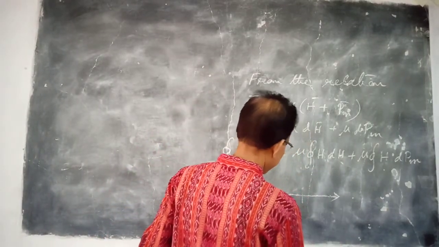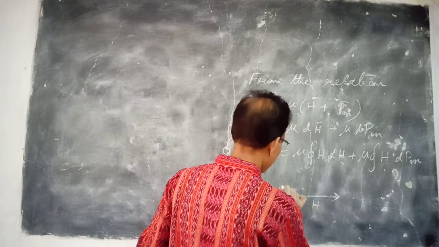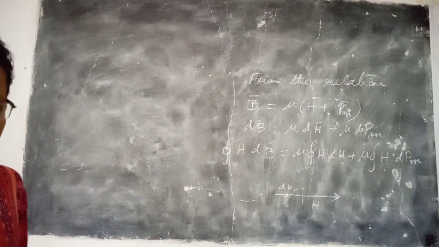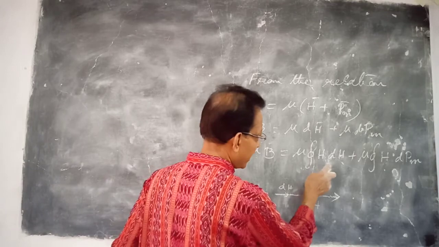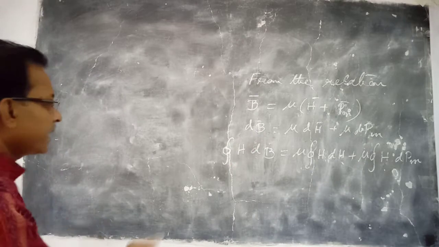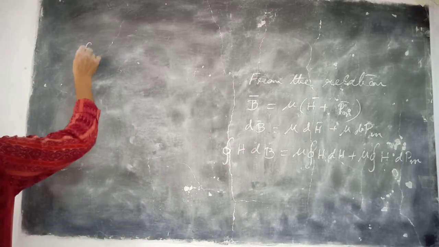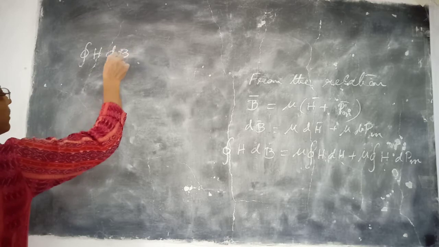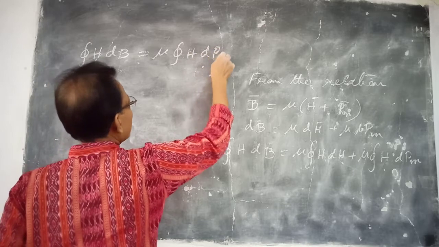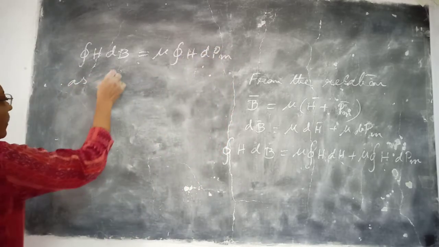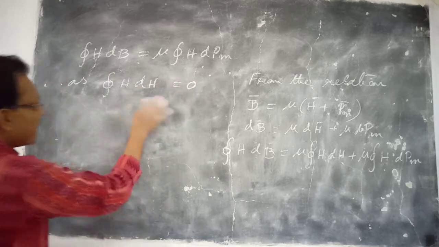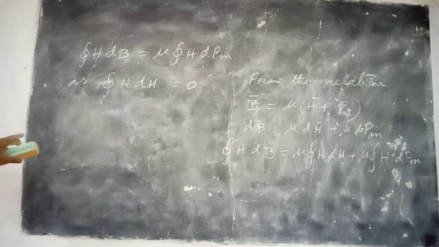H is along this direction, dH is also along this direction. The area enclosed by a straight line will be equal to 0. So area enclosed by this straight line is equal to 0. So therefore, what we get, H dB is equal to mu H dPM, as this quantity H dH is equal to 0. It is a straight line curve.